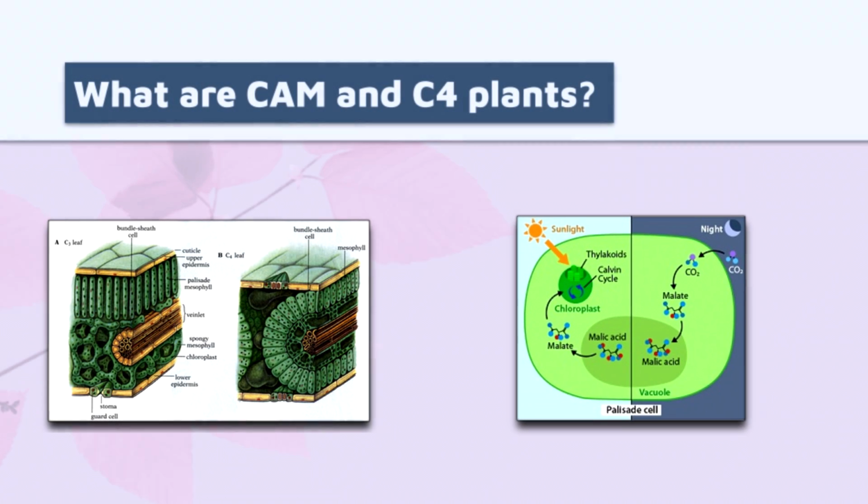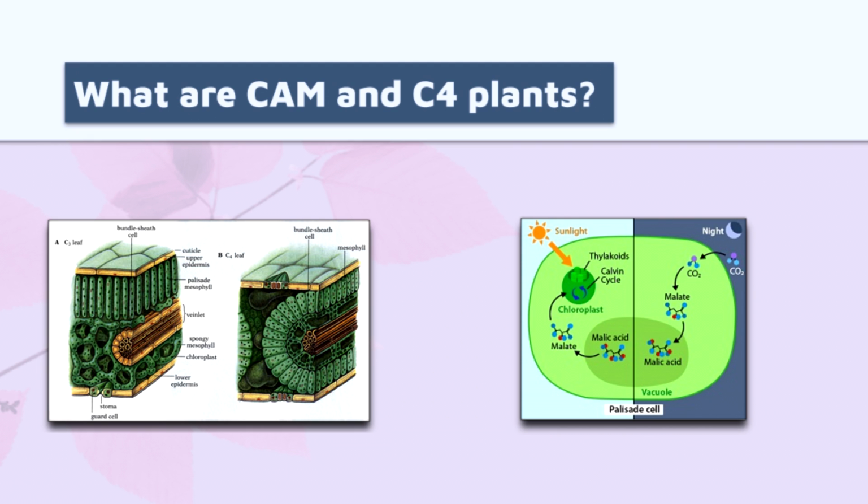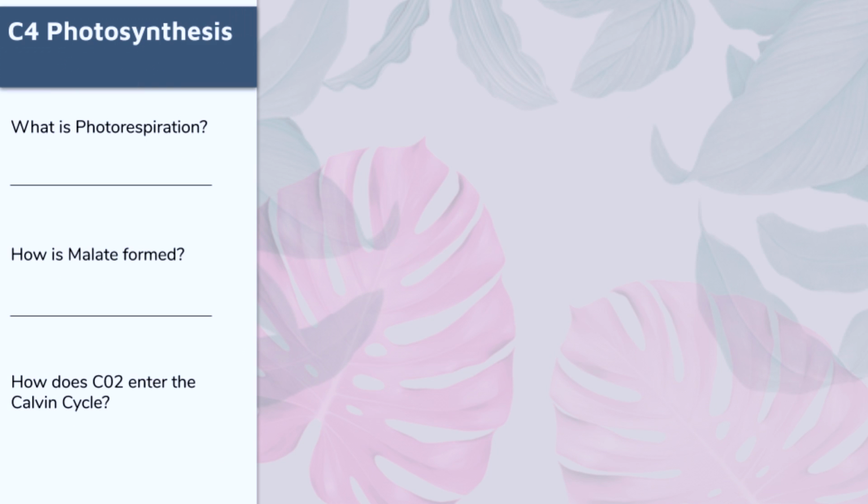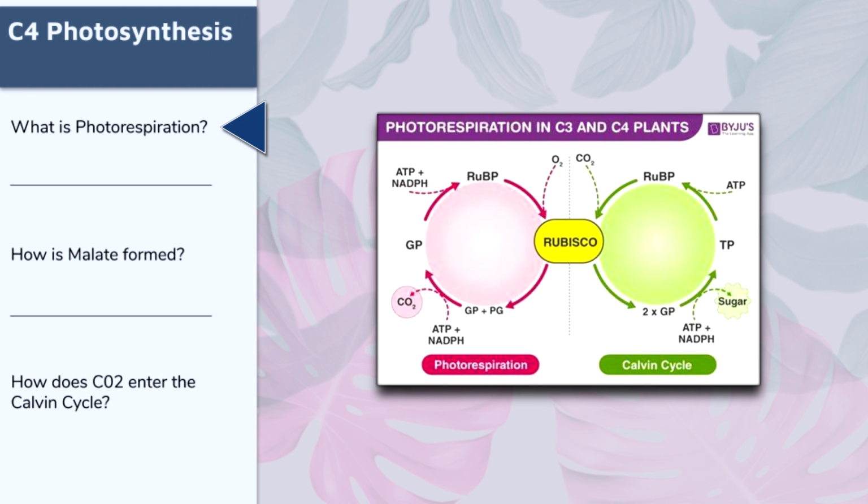Now that we know what C4 and CAM plants are, let's get into explaining the C4 and CAM pathways. The key step in the C3 or Calvin cycle is the addition of carbon dioxide to RuBP, but approximately 25% of these reactions by the RuBP carboxylase enzyme instead add oxygen to RuBP, creating a product that cannot be used within the Calvin cycle.